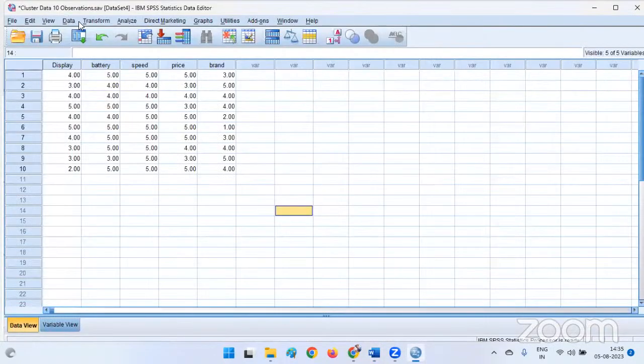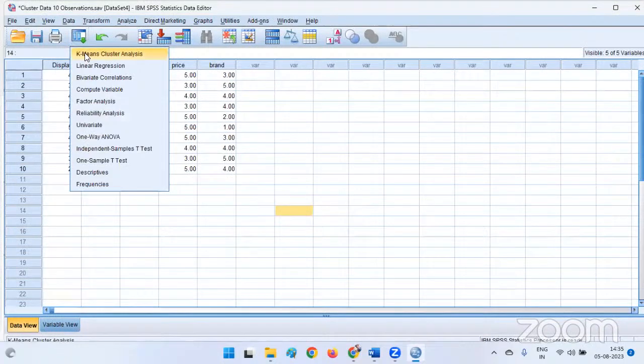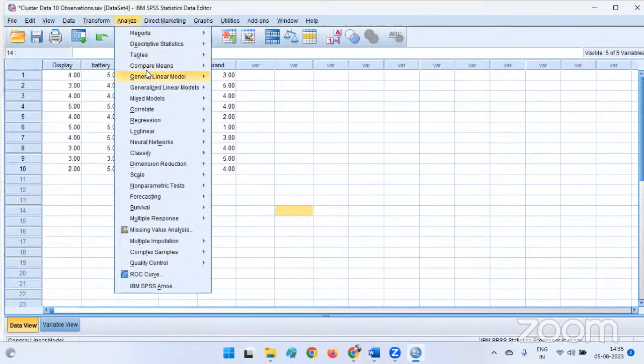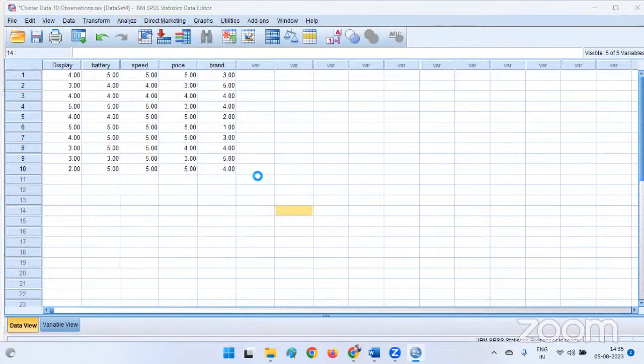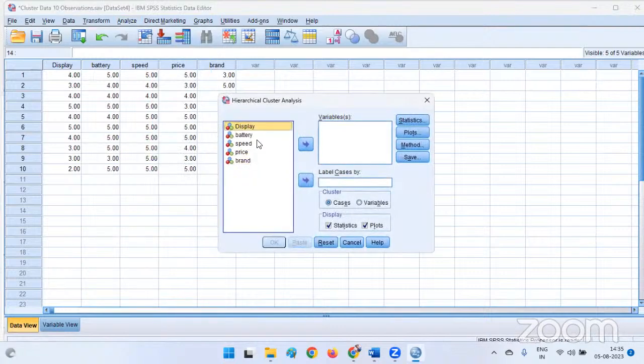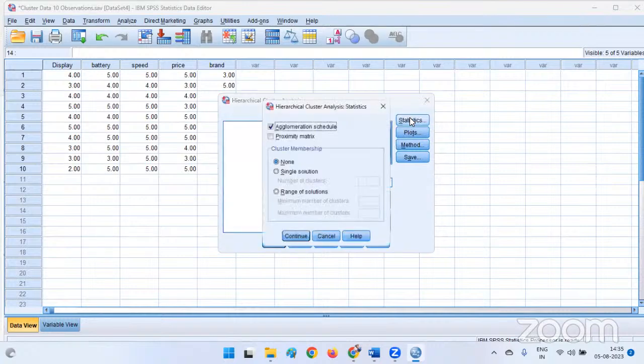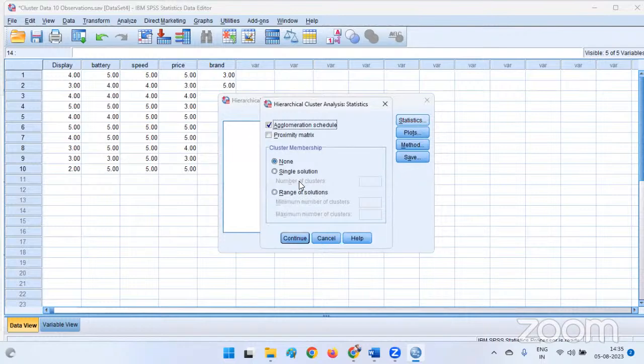Now, if I want to apply a cluster based on the dendrogram, I'll go to Classify, Hierarchical Cluster. In hierarchical cluster, I put in all the variables. In statistics, the method is okay.